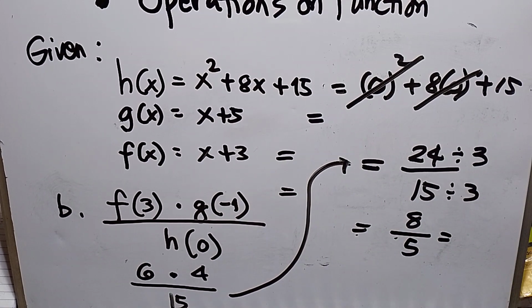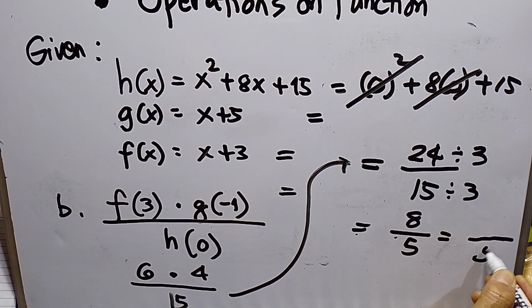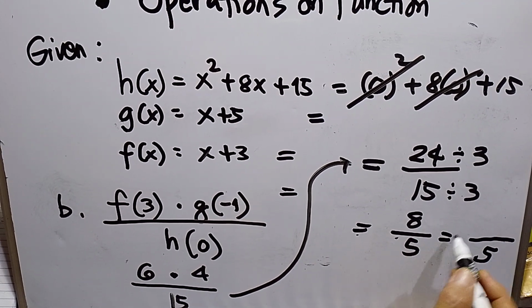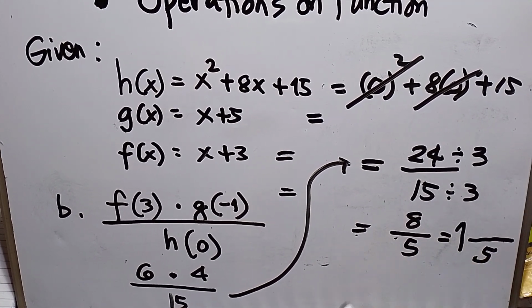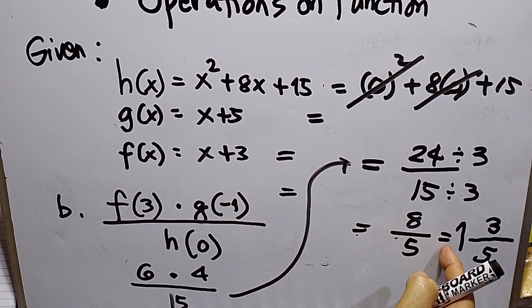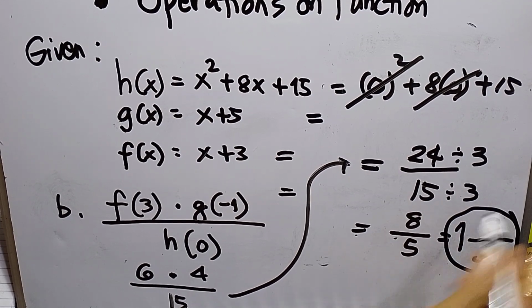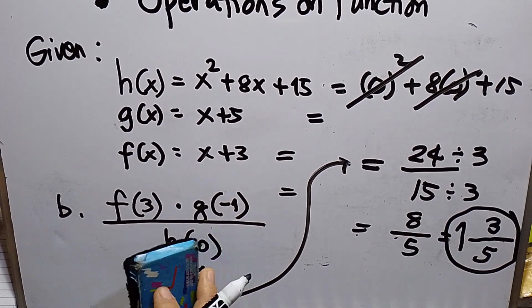Since this is an improper fraction, I need to come up with the mixed number. How many 5 are there in 8? Only 1, and then the remainder is 3. Let us check: 5 times 1 is 5, plus 3 is 8. 8 over 5. So the answer for letter B is 1 and 3 over 5.